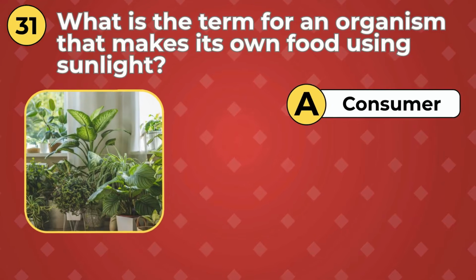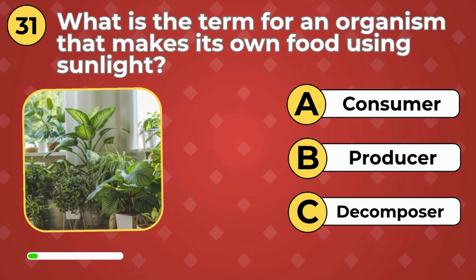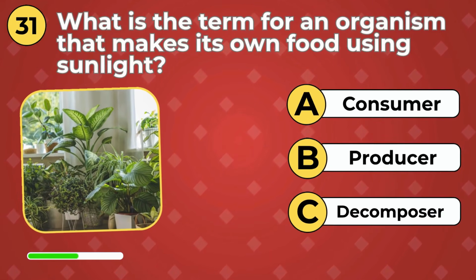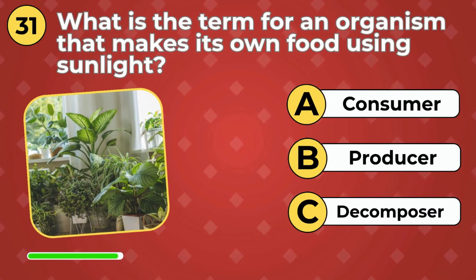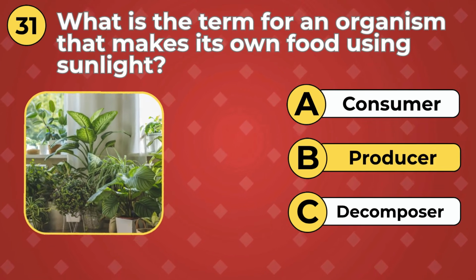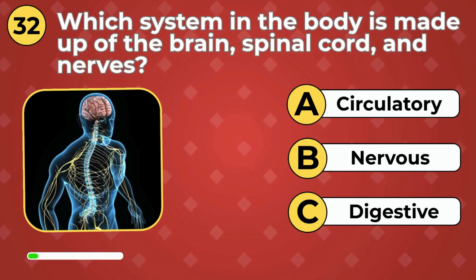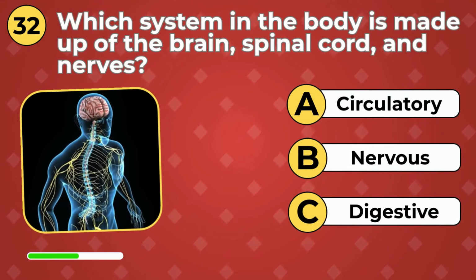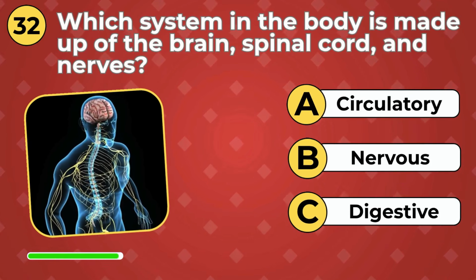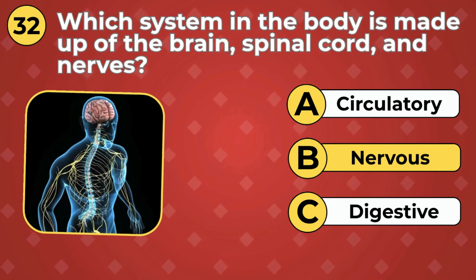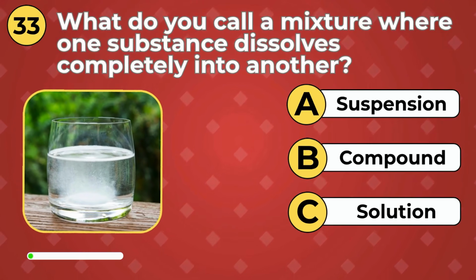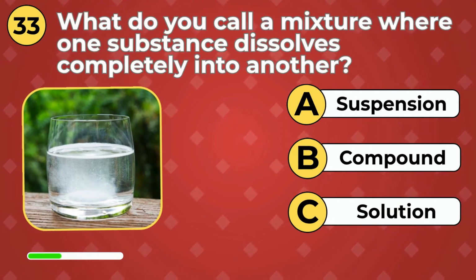What is the term for an organism that makes its own food using sunlight? A producer. Which system in the body is made up of the brain, spinal cord, and nerves? The nervous system. What do you call a mixture where one substance dissolves completely into another?